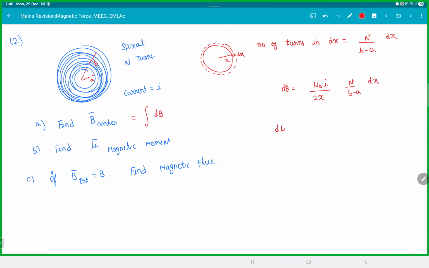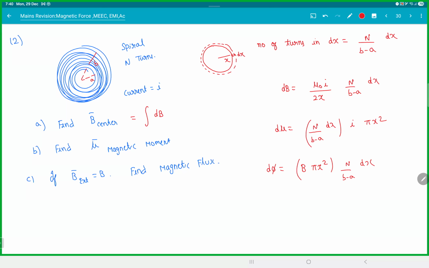You want magnetic moment? d mu will be the number of turns, N by b minus a dx, into the current into the area pi x square. Integrate this, you'll get the magnetic moment. You want magnetic flux? The flux will be the magnetic field B into the area pi x square, into the number of turns N by b minus a dx. Integrate this, you'll get the total flux.